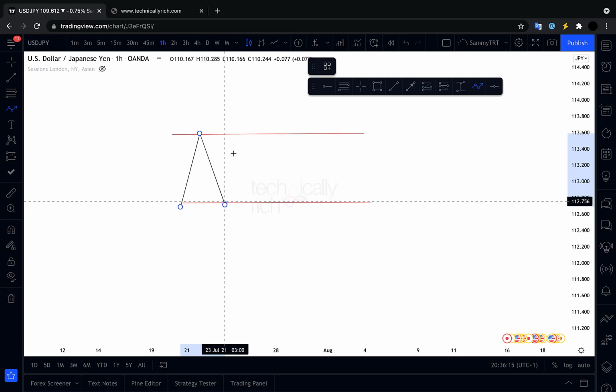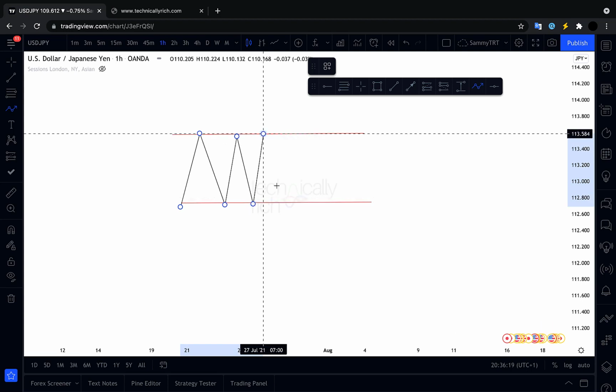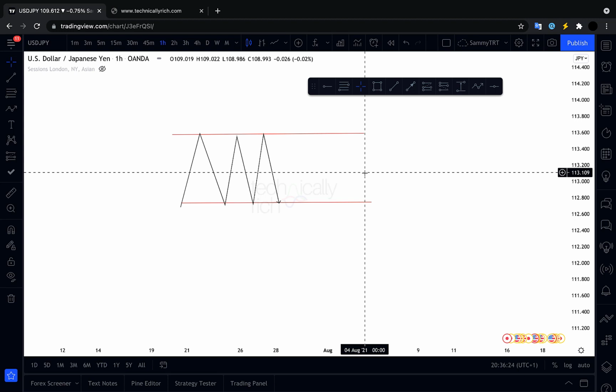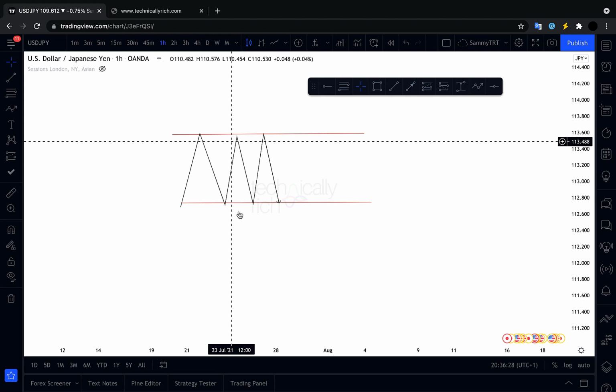So in a ranging market like this, what we do in the retail world is look for sells here, that's short, and look for buys here.